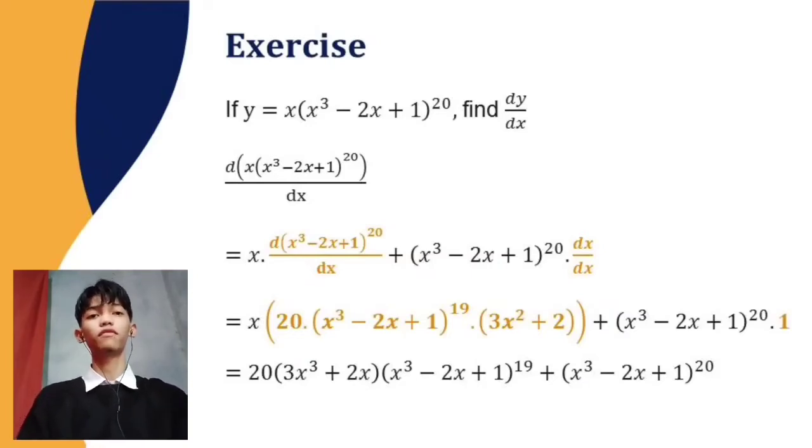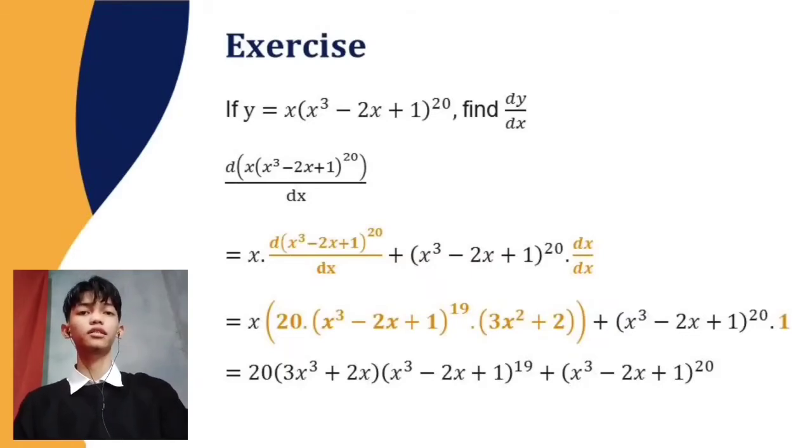So the derivative of that function is equal to x times the derivative of x cubed minus 2x plus 1 all raised to 20, plus x cubed minus 2x plus 1 all raised to the power of 20 times the derivative of x.